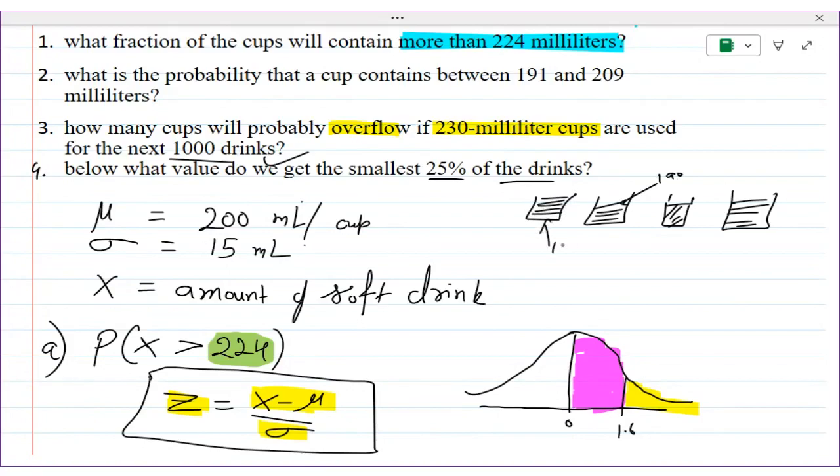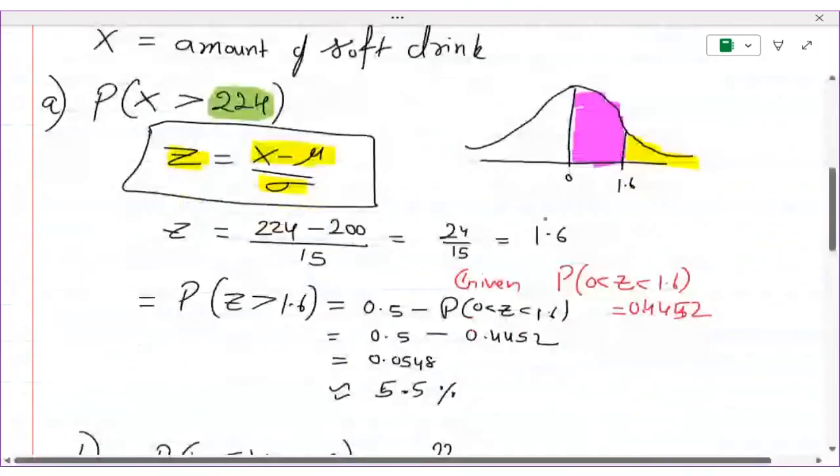So this is 180, 190, 200 and 215, right? Out of these 4 cups, 25% of the 4 cups is 1 cup, which has the smallest value, 180. So we need to find this value now, like the 180. In this way we have to find it. So what we will do, first of all, we will see.